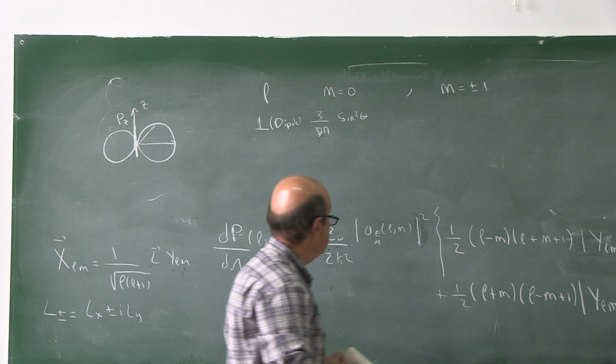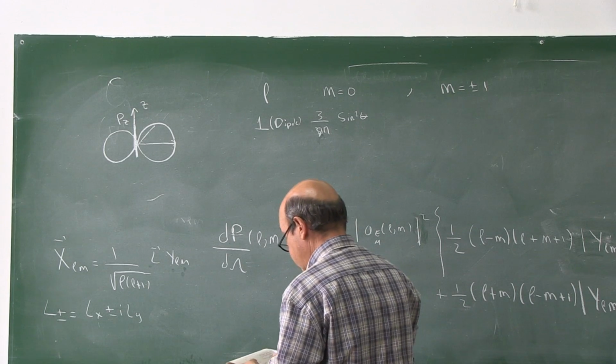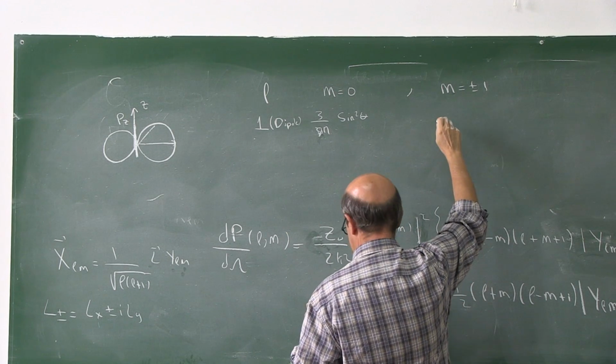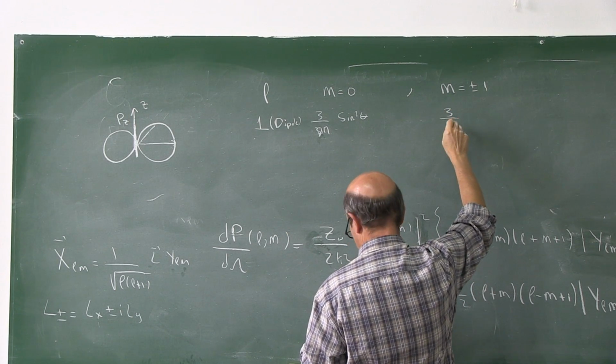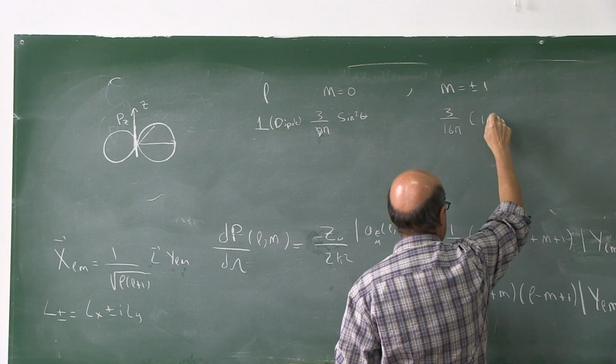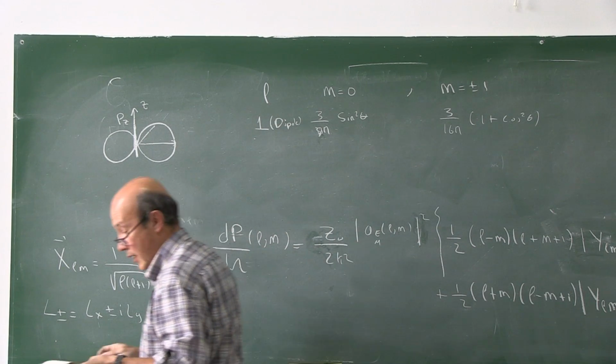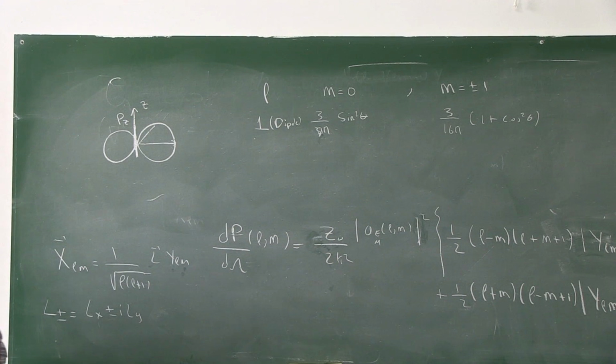And if you look at the distribution for L equal to 1, M plus or minus 1, the situation is more complicated: 3 over 16 pi, 1 plus cosine squared theta. And again, you have 2 poles here.